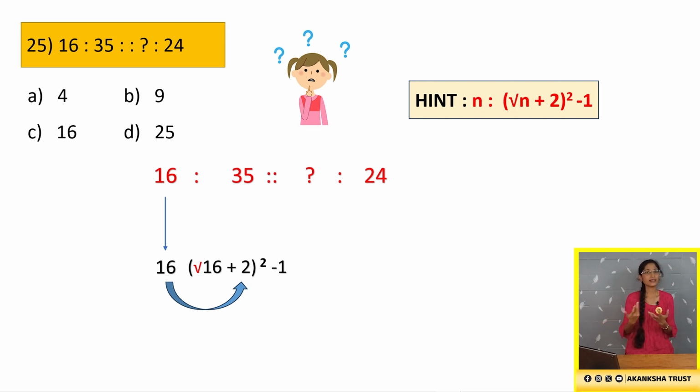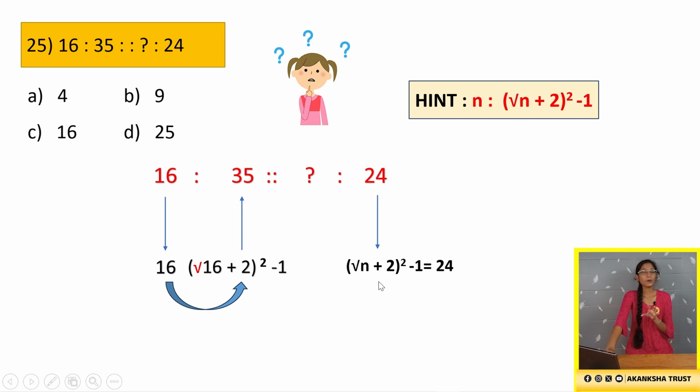You'll get the same answer for the next set also. The square root of 16 is 4, plus 2, whole square, minus 1, and you'll arrive at 35 as our answer. Doing the same procedure to the next set also.